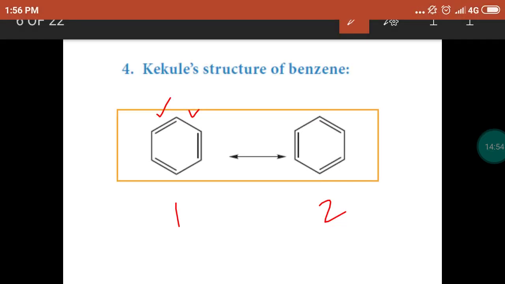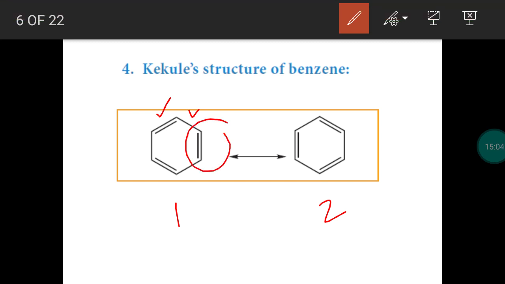So in alkanes, the carbon-carbon single bond length is 1.54 angstrom. And if you take alkenes, a carbon-carbon double bond is there. Its bond length is 1.34 angstrom. So what we expect in benzene is that the single bond should have 1.54 angstrom as bond length, and the double bond should have bond length 1.34.